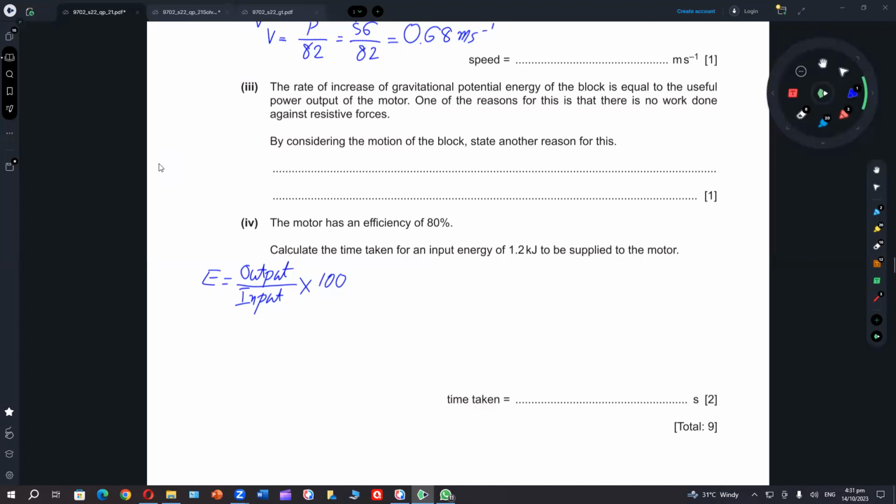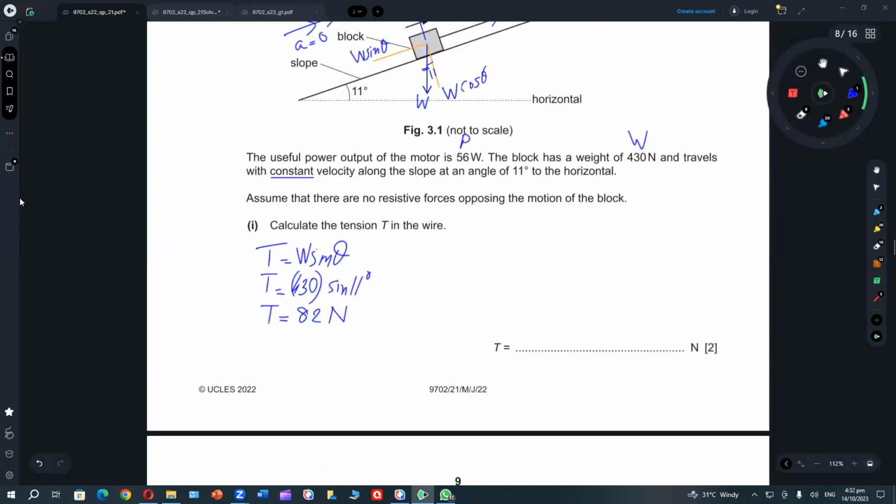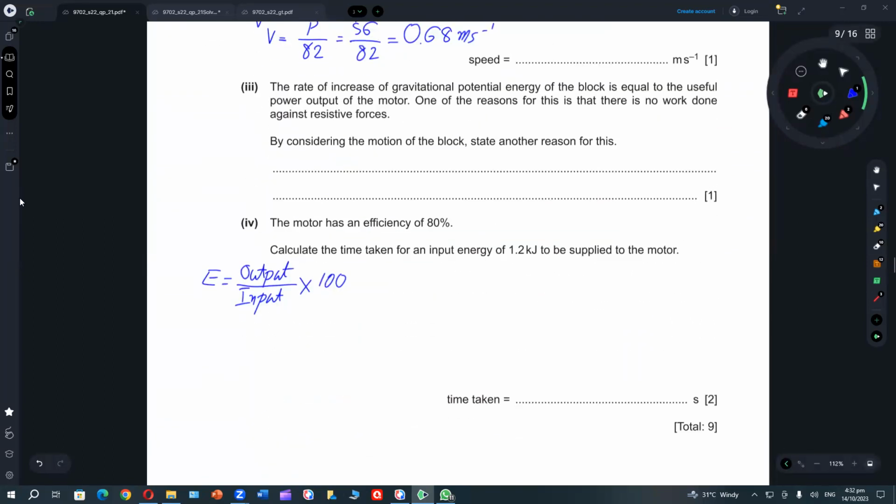So I have an efficiency of 80% and I want to know the time taken for an input energy. The input power of the motor is 56.